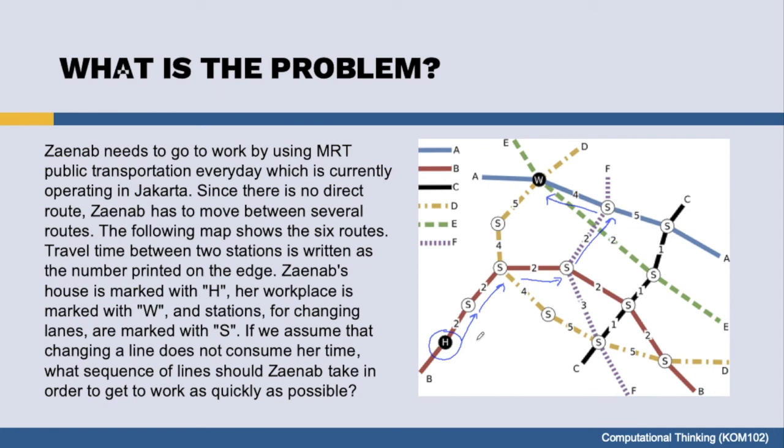How long does it take to get there using this method? 2 here plus 2 plus 2 plus 2 plus 4. So 2 plus 2 is 4, 4 plus 2 is 6, 6 plus 2 is 8, 8 plus 4 is 12. Yeah, 12. Can you think about a better solution for this problem?